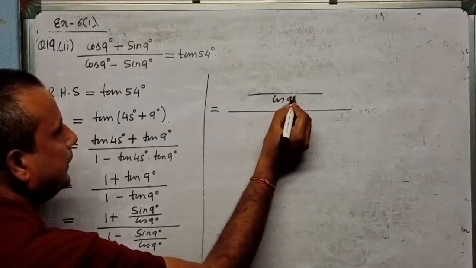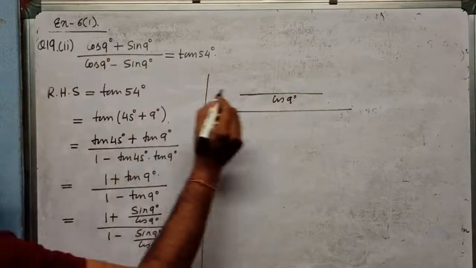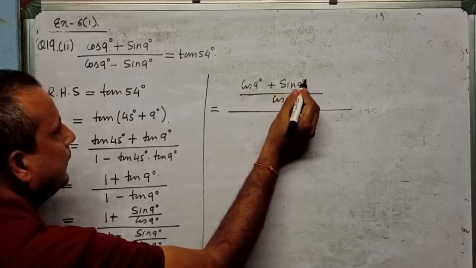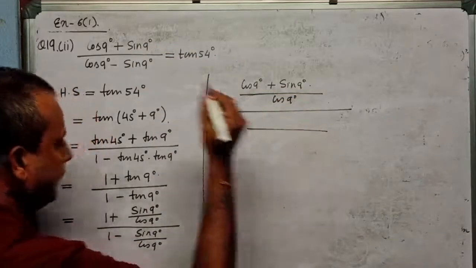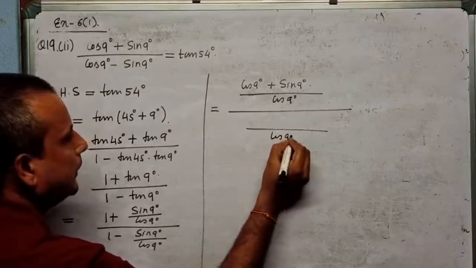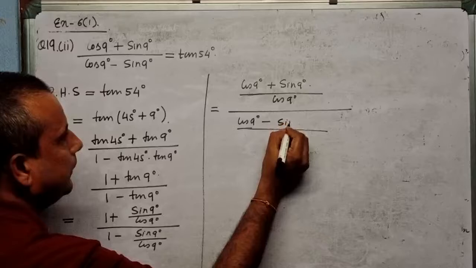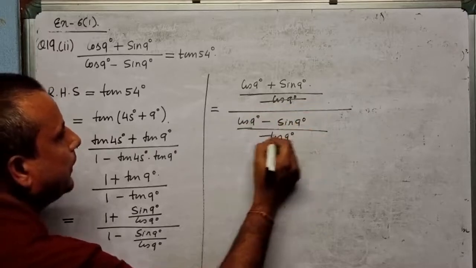If I take cos 9 degree as LCM, the numerator will be cos 9 degree plus sine 9 degree, and the denominator also has cos 9 degree as the LCM, so it will be cos 9 degree minus sine 9 degree. So we can cancel these two quantities.